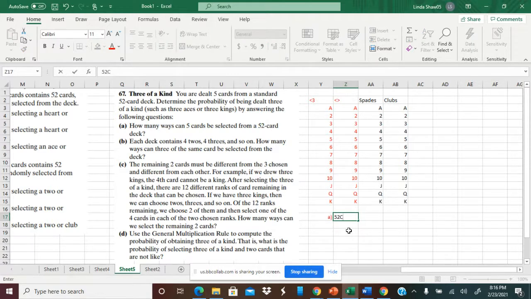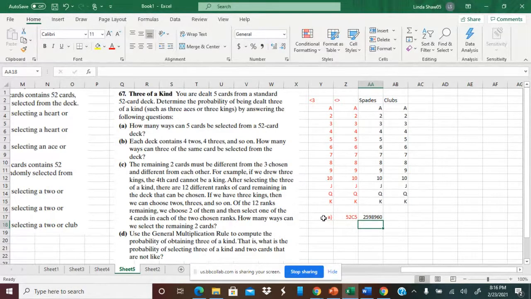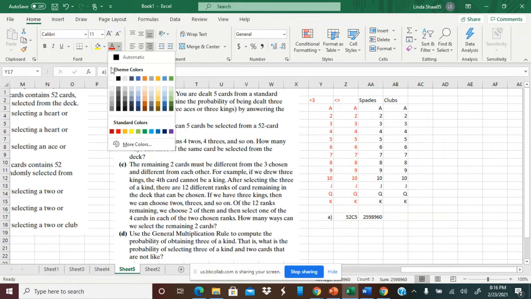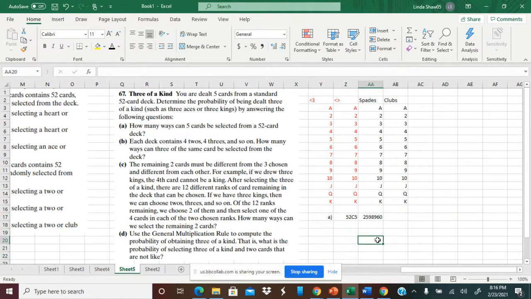Linda's going to write that and then use the formula to calculate it. This is going to be a big number. It's going to be around 3 million if I did that in my head correctly. Actually, it's less than 3 million. It's 2 million and some. But you see, there are over 2 million different hands that you can get in poker. And that's going to be your denominator.